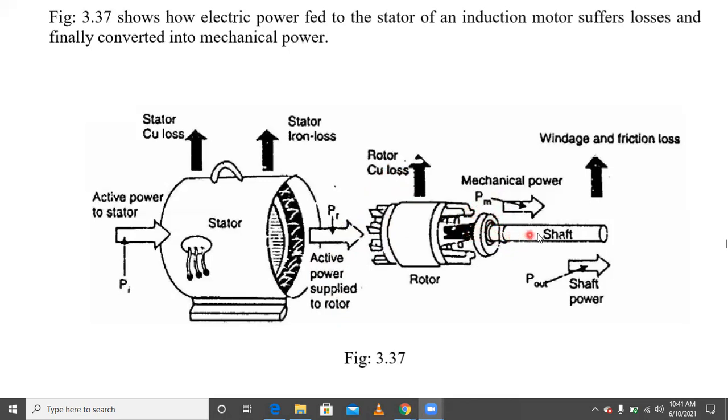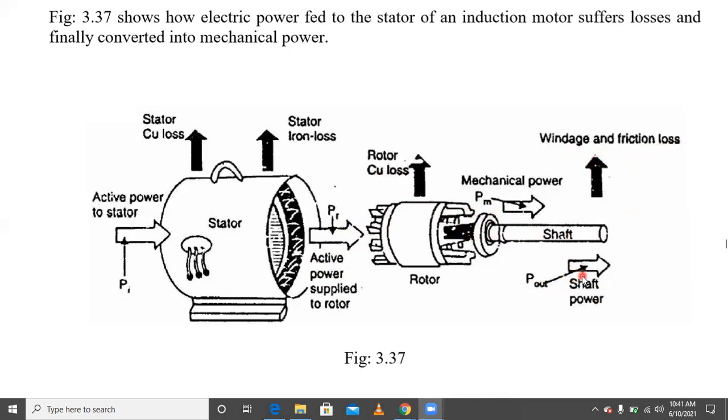Also, because of windage and friction losses, the shaft power reduces. That is called the output power of the induction machine. The output power is nothing but mechanical power minus the windage and friction loss.